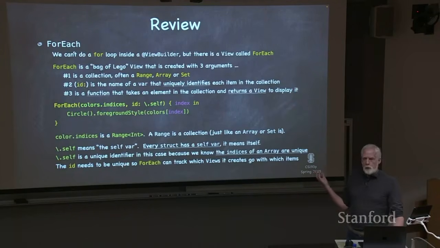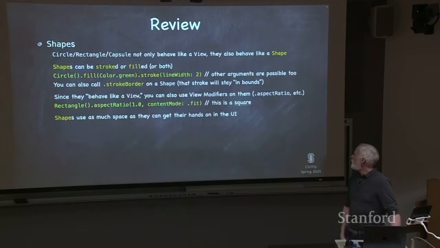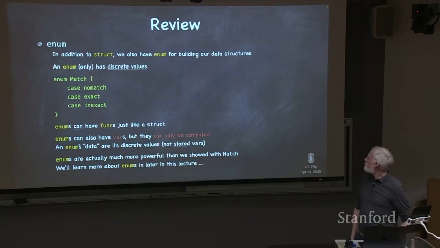We got ForEach, one of our absolute favorite bag of Lego views that makes a view for each of something in a collection. Shapes, we talked about Circle and Rectangle and the fact that they have fill and stroke border. And enum, of course, which is another type, like structs are types, enums are types. And we learned about those, and therefore discrete values like match, noMatch, exact, and inexact.